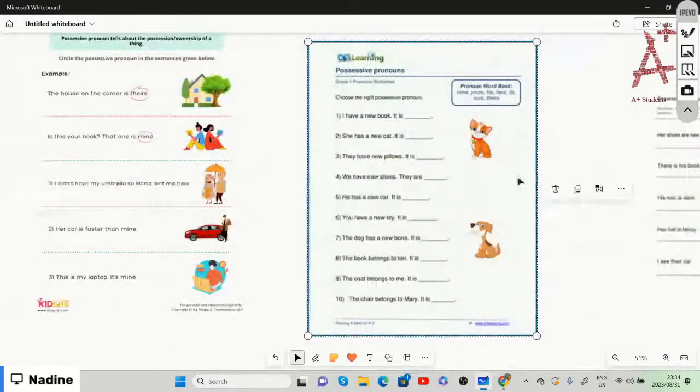All right. Now we're going on to the next one. They're even giving us a little word bank, right? Where the pronoun word bank has mine, yours, his, hers, its, ours, and theirs in the box. So now we need to choose the right possessive pronouns.